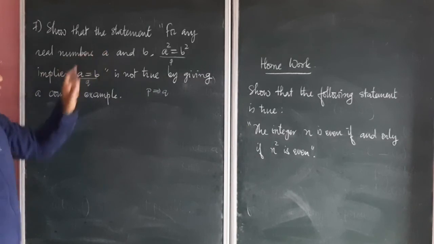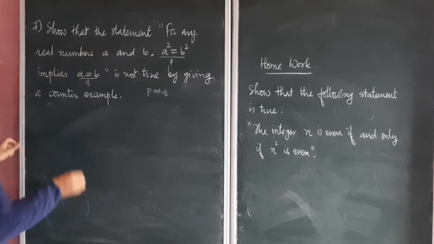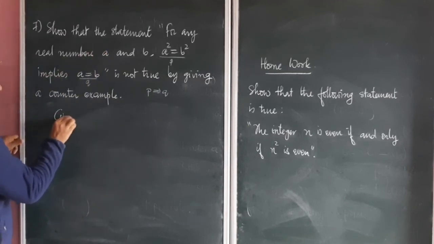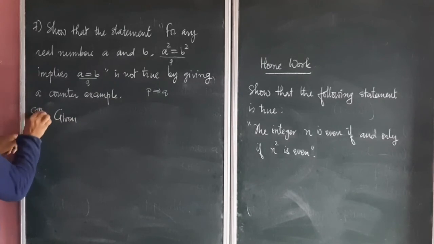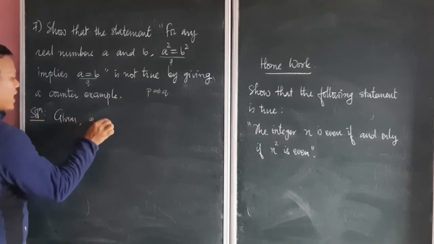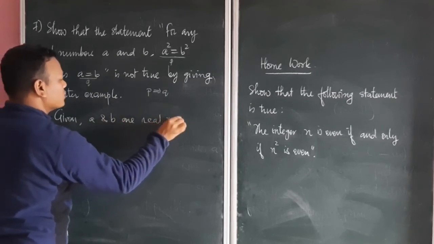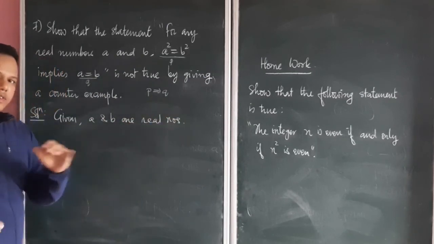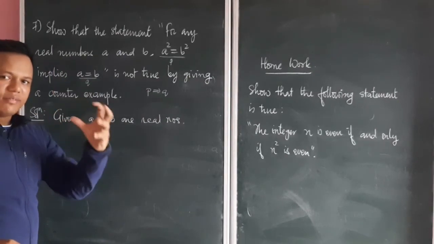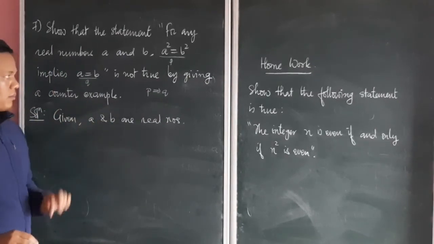So given is a and b are real numbers, right? So this is my solution. Given is a and b are real numbers. Now since this is counter example, you can choose any values for a and b.